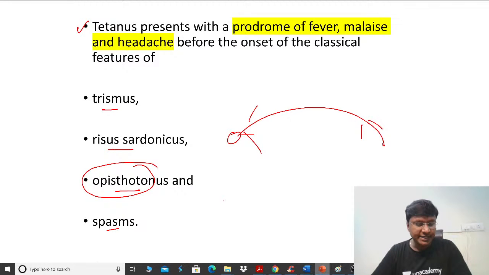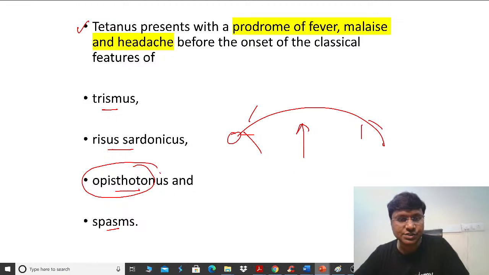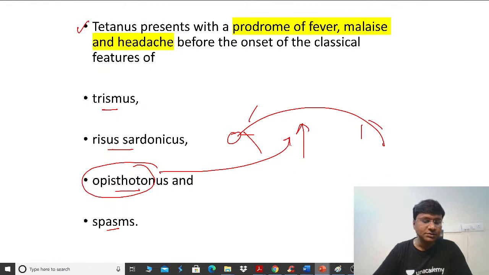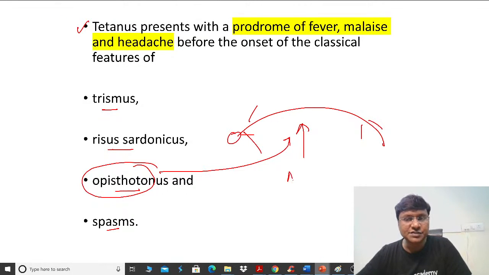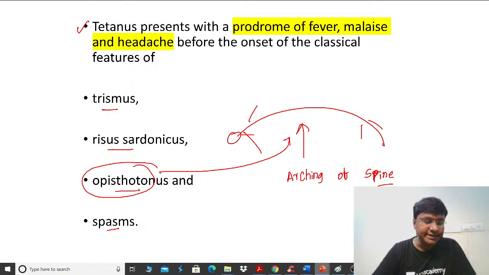So this is opisthotonus. There will be arching of the spine. That is opisthotonus, and it's a characteristic feature in patients with tetanus.